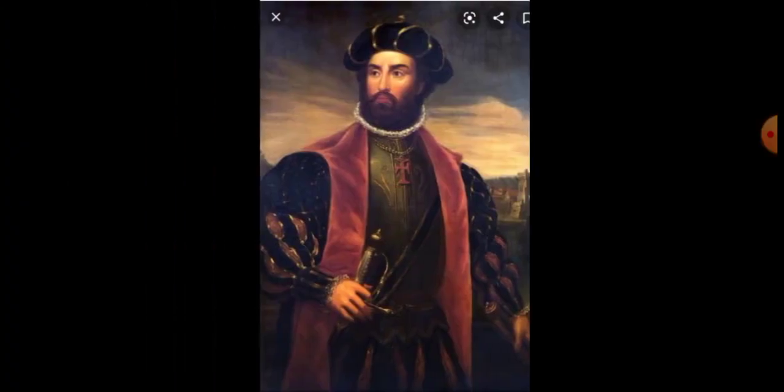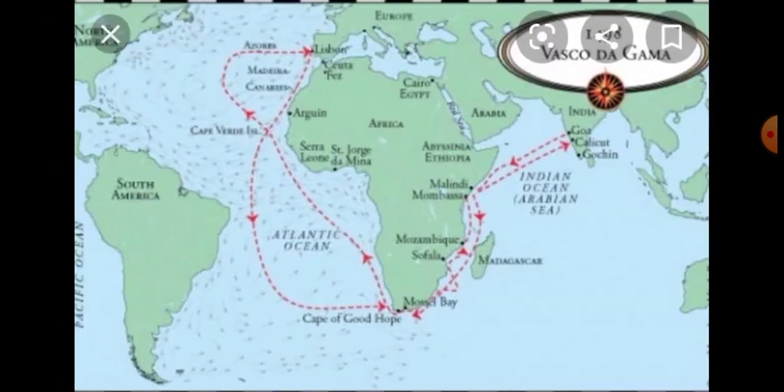Vasco da Gama, the Portuguese explorer, found India. He reached India through the Atlantic Ocean and arrived at Calicut on the Malabar coast.